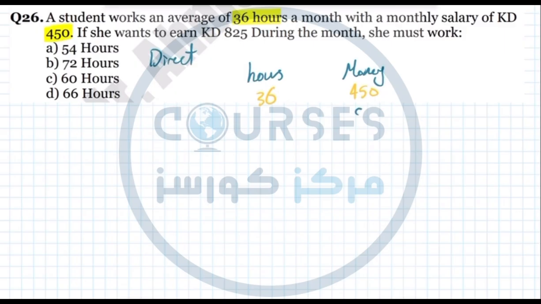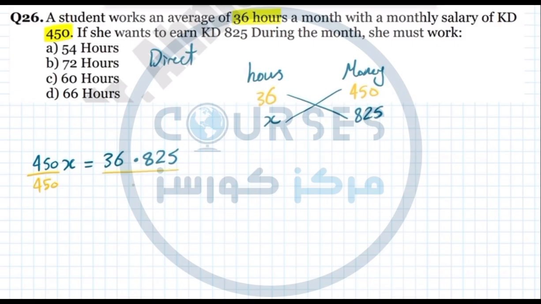Definitely under the money. She must work, so I'm looking for the hours. Okay? Direct means cross multiply. So 450 times x equals 36 times 825. Divide by 450, divide by 450.